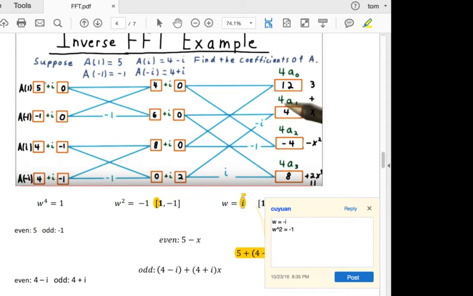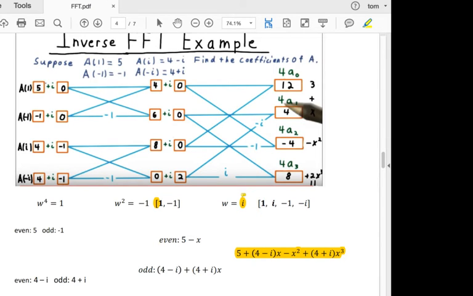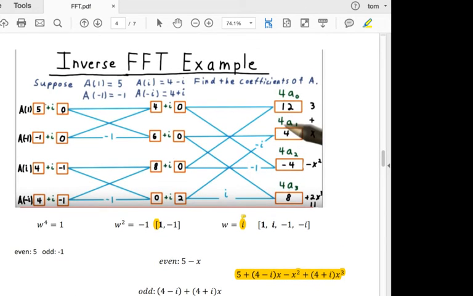So here is minus i, because it's an inverse FFT. We need to use the inverse omega.